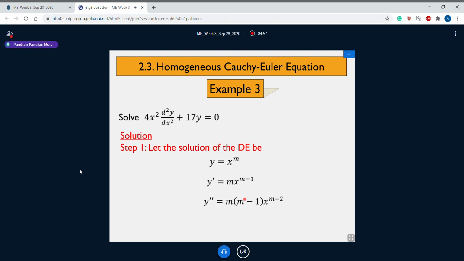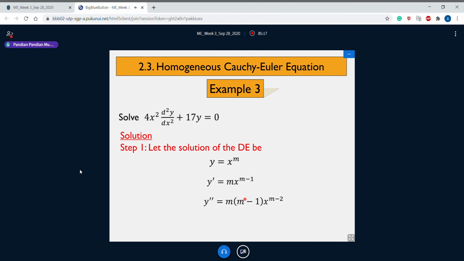You know the differential equation for homogeneous Cauchy-Euler is ax squared d squared y dx squared plus b dy dx plus cy equals 0. You must remember that is the general formula for the Cauchy-Euler.